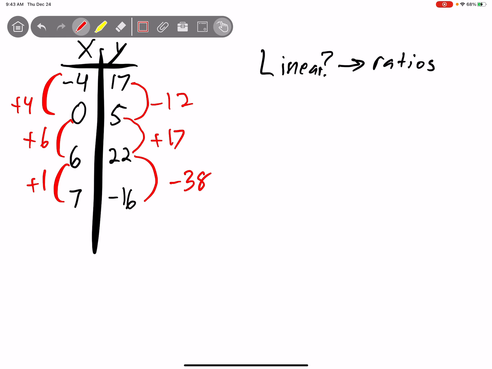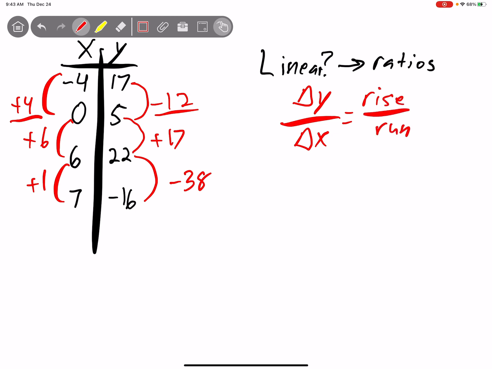So let's look at this. First one, negative 12 and 4. I'm looking for the change in y over the change in x. This is the same thing as the rise over the run. So negative 12 is my change in y over 4. That gives me negative 3. Let's try the other one. 17 over 6.